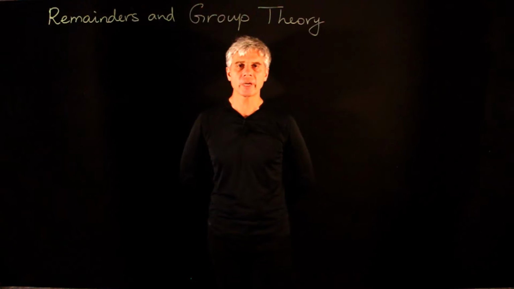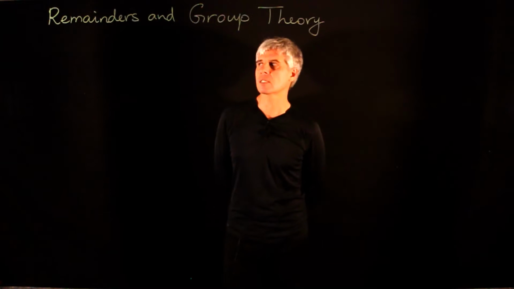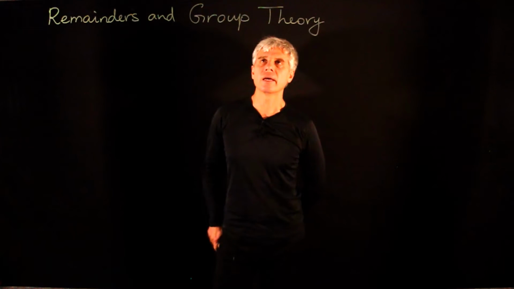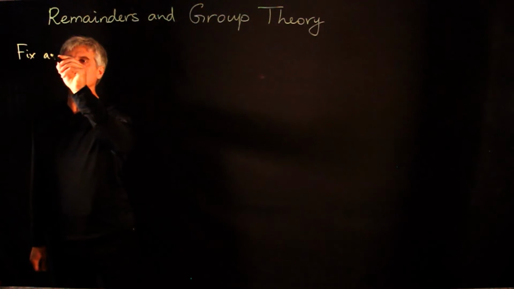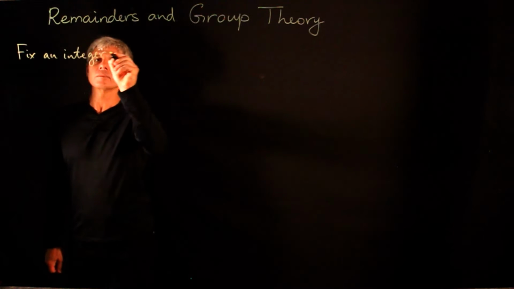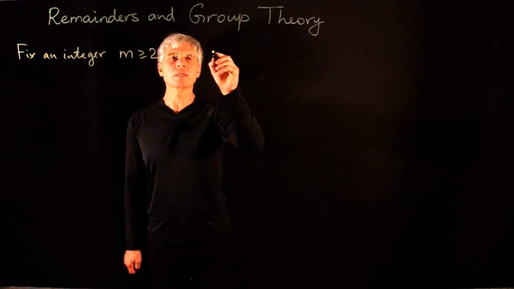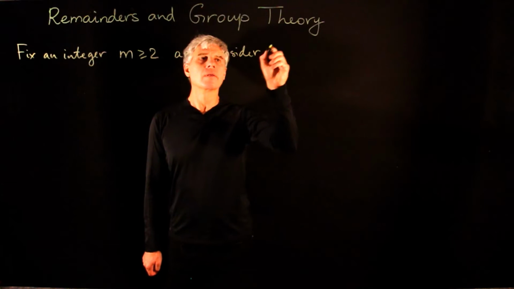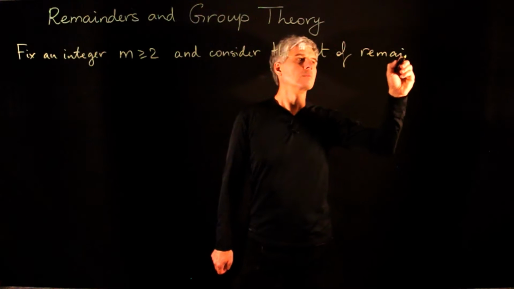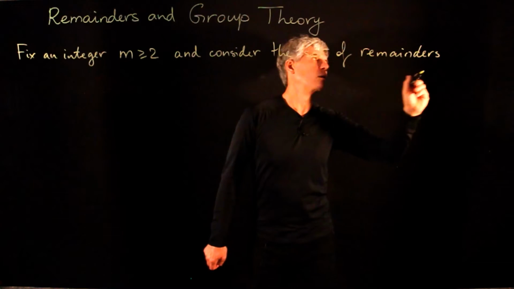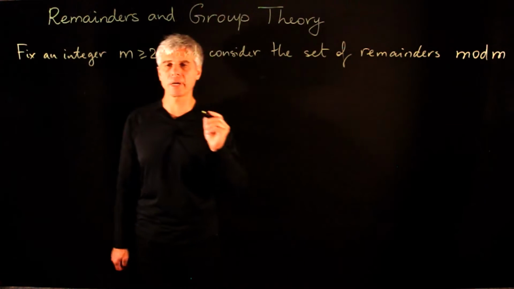In order to do this, we have to start with the mathematics underlying public key cryptography. So this is the mathematics of remainders and applications of group theory to remainders. We fix an integer m greater or equal to 2 and consider the set of remainders modulo m, that is, remainders after division by m.